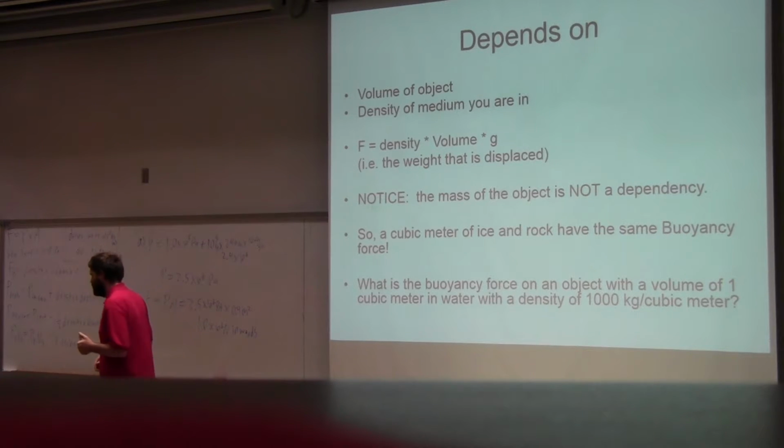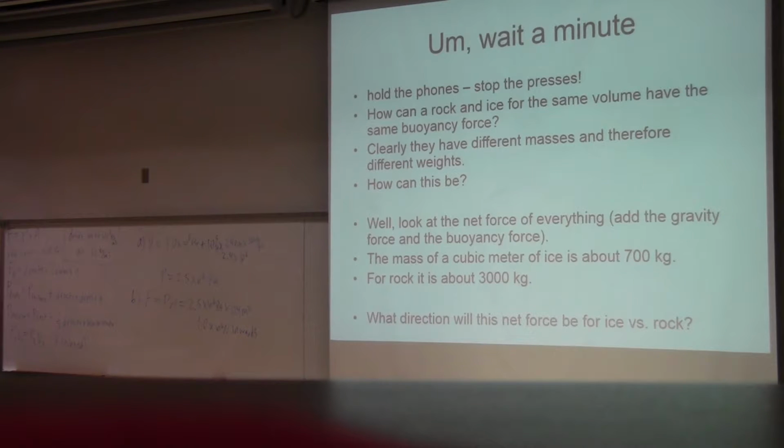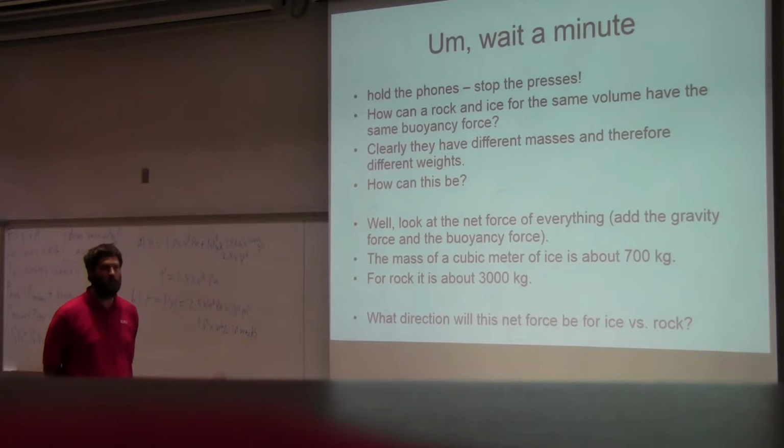So let's do a quick question. See if you read, you probably read some of this, you may be able to get it. All right. Let's imagine 2 objects, a rock and a block of ice that's being held underwater. And both of them have the same volume, 1 cubic meter.